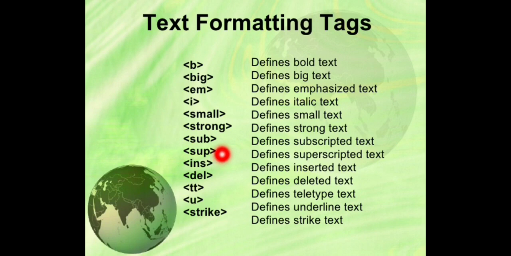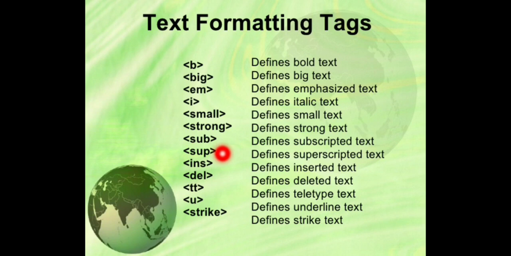Now the SUP tag. The SUP tag is the superscript tag, and when we have to write superscripted text, we will use the SUP tag. This is used in mathematical formulas. You might have seen A square: in A square, the 2 is slightly above the baseline.